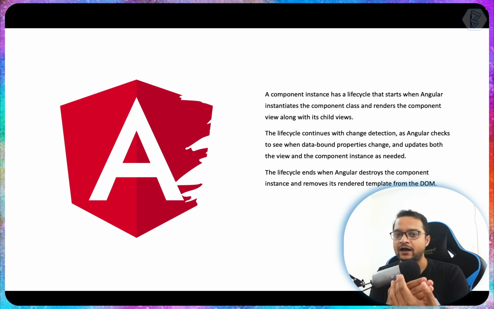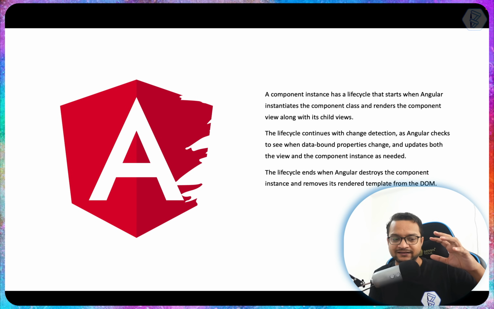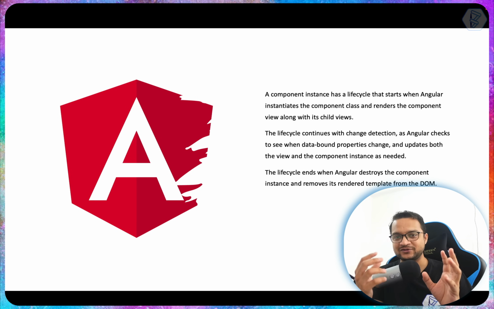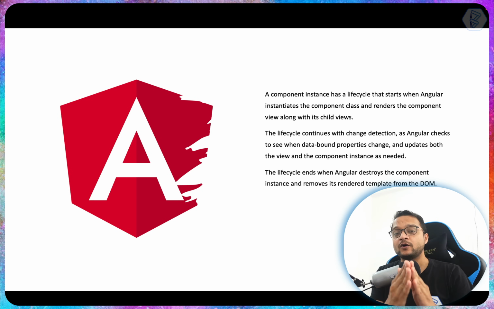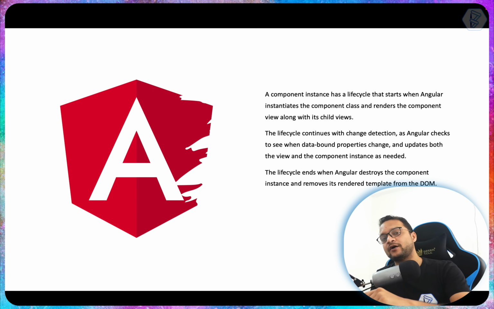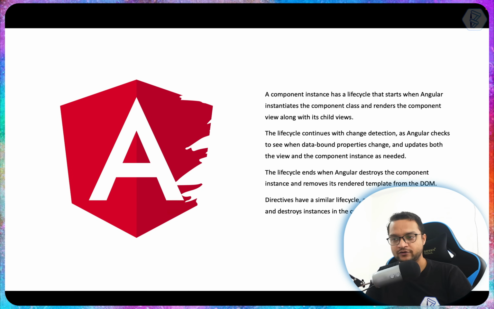So whenever we are removing the component, then we can call the destroy life cycle. So from the initiation of the component to the destruction of the component, we can hook at every point, which is called a lifecycle hook. Similar to components, directives can also have lifecycle hooks.